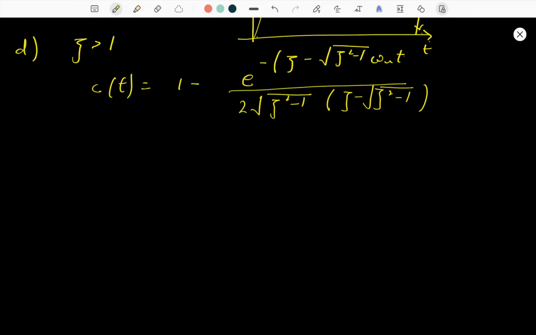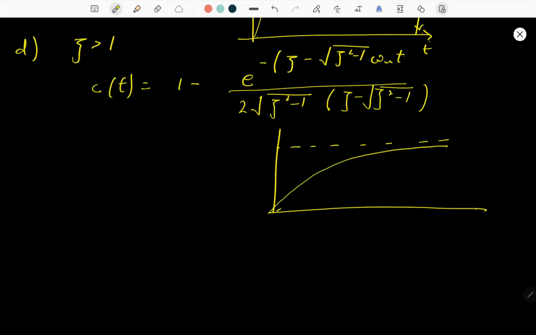Okay, so finally what will be the response? This should be the response in this case when zeta is greater than 1, and this is 0.02 unit, that is 40.